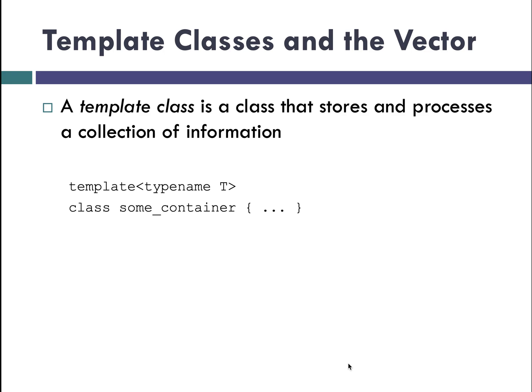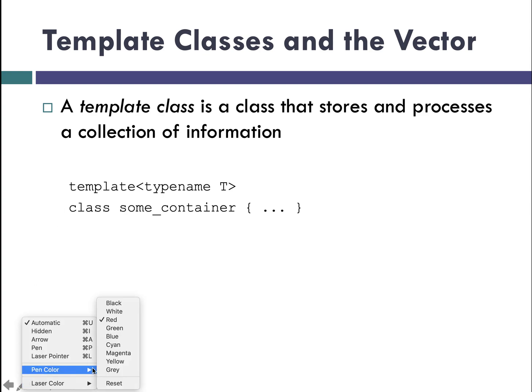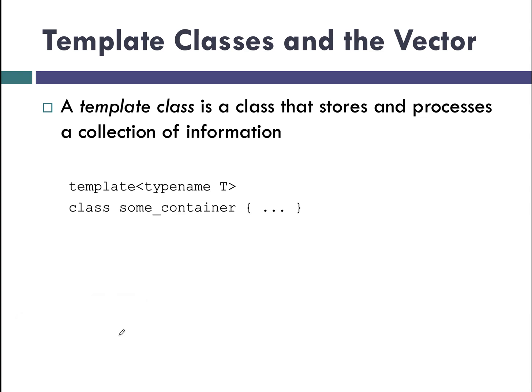So let's get started and talk a little bit about template classes and specifically the vector class. You've used it before, and you notice there's this notion of a template class, like a vector of some particular type.